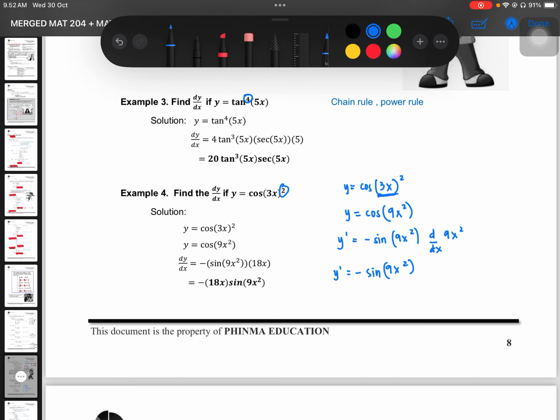Then, derivative of 9x squared is 18x. So, pag inayos natin, we will be having negative times 18x is negative 18x. Then, sulat lang natin si sine 9x squared. Okay? So, ito na ngayon yung ating final answer. Huwag malilito kung saan nakalagay si square.